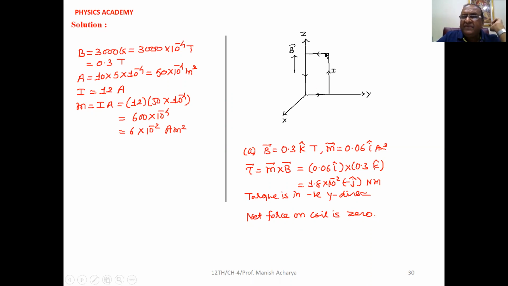Then for this upper side and this lower side, force will act on both the sides, but the currents in both the sides are mutually opposite. So magnitude wise, the force will be the same, but the direction will be opposite. And therefore, the net force will be equal to 0. Clear up to this one?